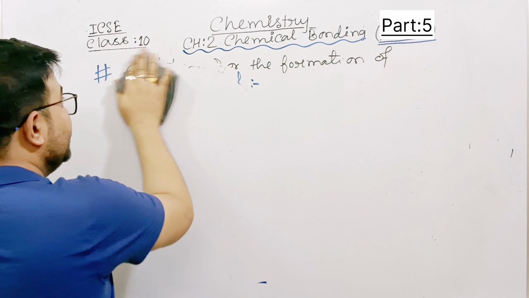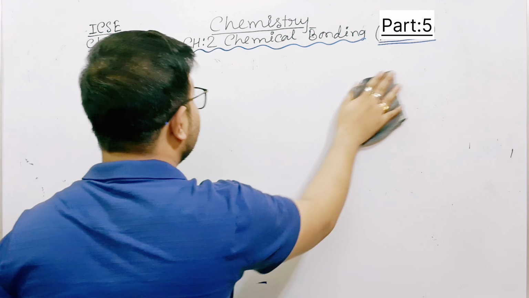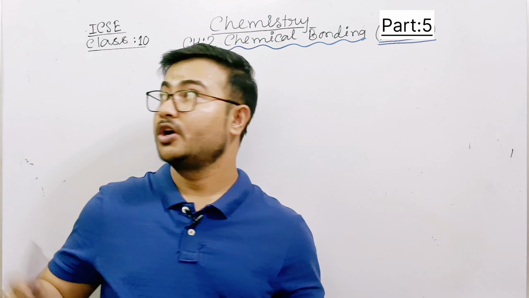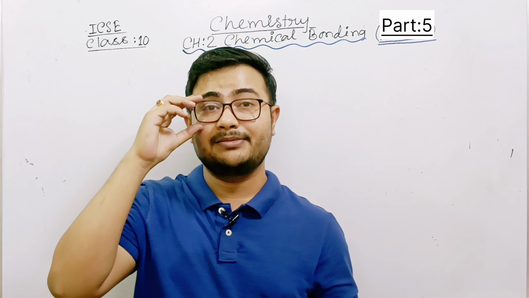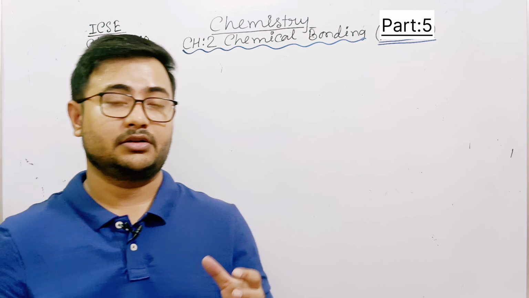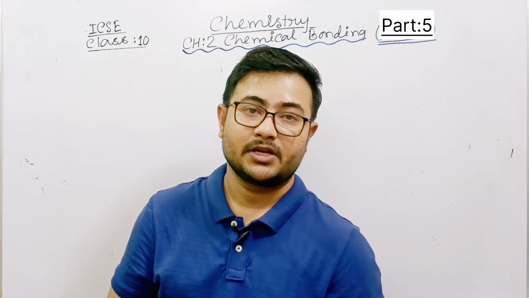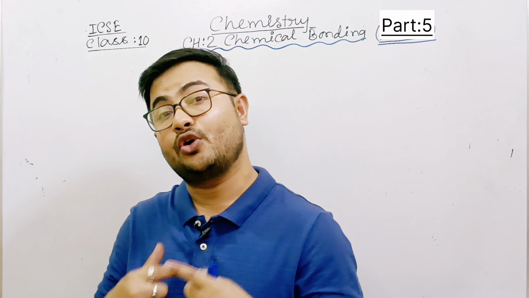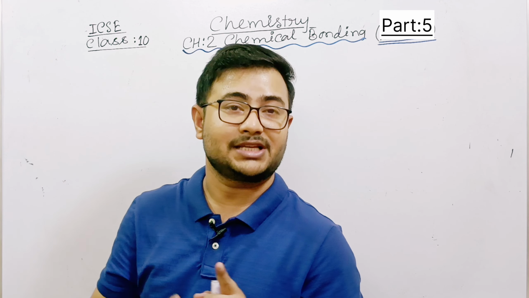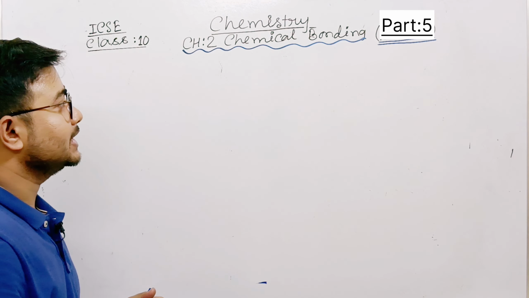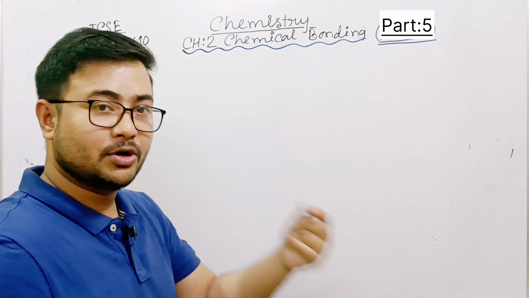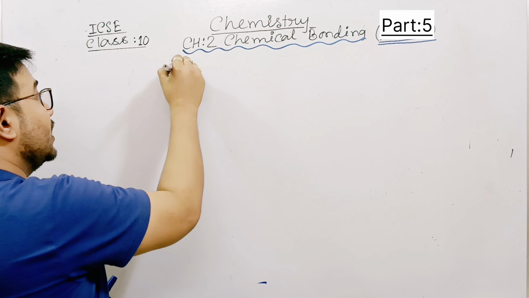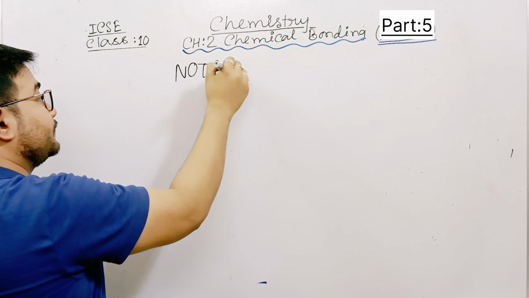Now, if you open your textbook, Concise, one of the best books for your board examination, and observe the questions from previous years, you will see that most of the questions, not most, all the questions are from the book Concise, that is Selina. After the conditions, our next topic in Concise is a note.